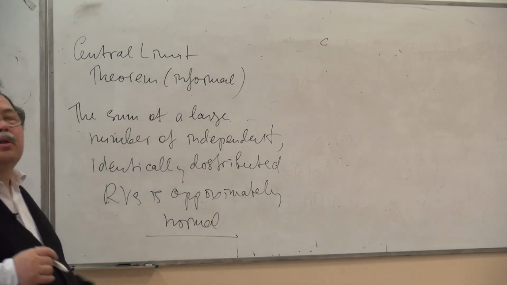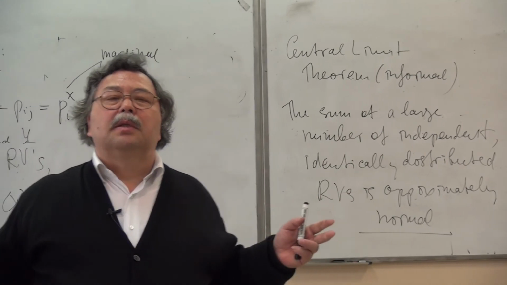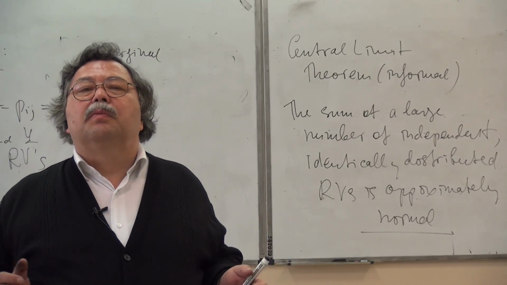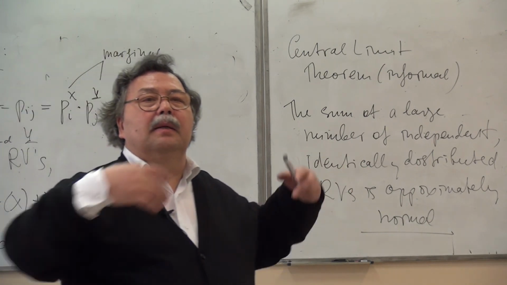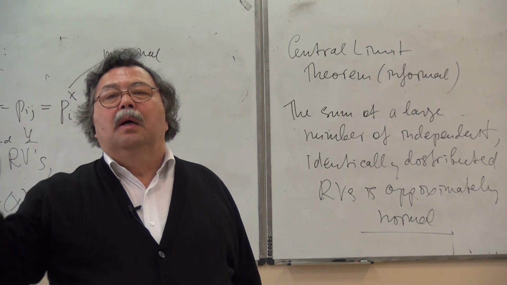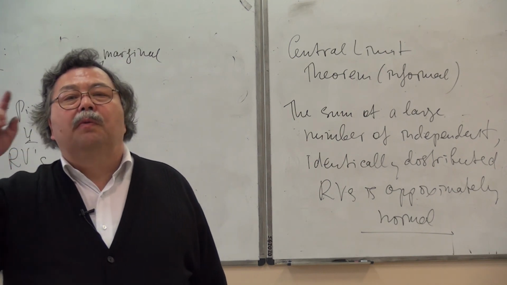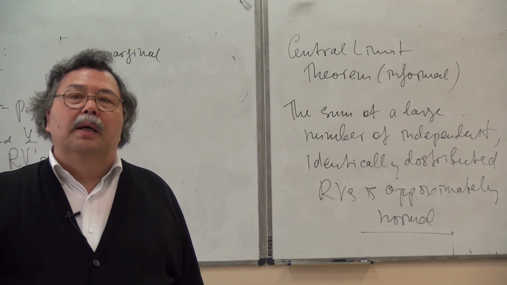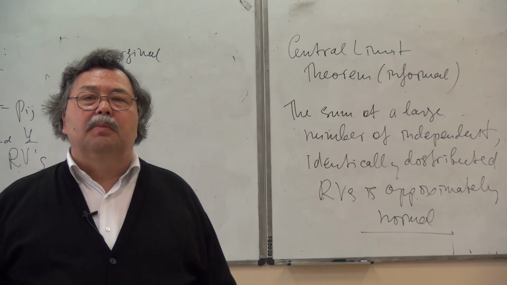Okay, why is it so exciting? We started with saying that the normal distribution is the limiting case of binomial. But here we make a very large step forward. We say that a large number of identically distributed independent random variables of any law, any origin, finally gives us a normal distribution.